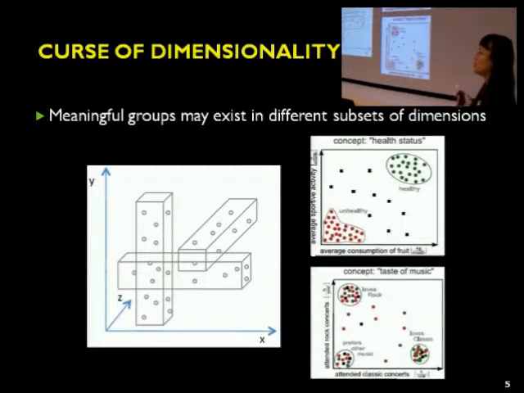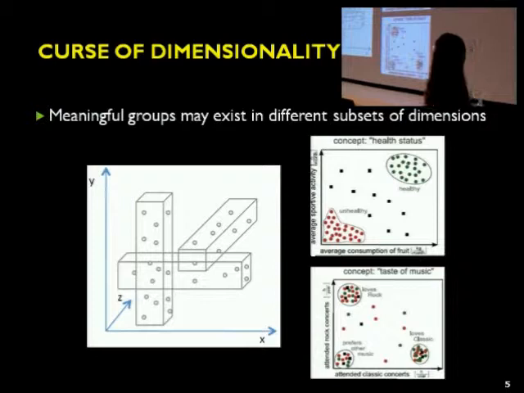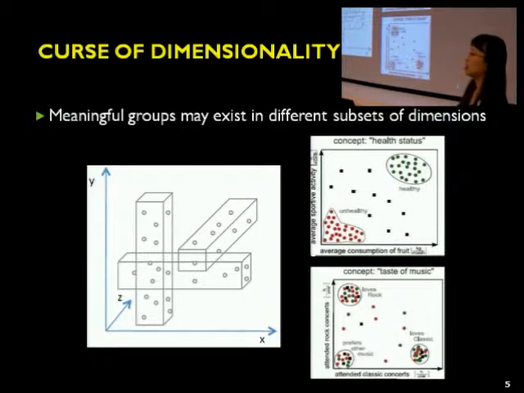However, if you use the full dimensions, these patterns may be obscured because of the noise introduced by irrelevant attributes in your data. Similarly, if your task is based on the concept of taste of music, you may find a different subset of attributes that are related to your analysis tasks. And in this case, the previous attributes that were relevant now become irrelevant. So this makes it difficult to extract meaningful patterns from the data.